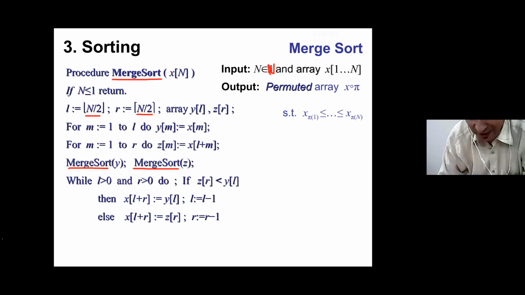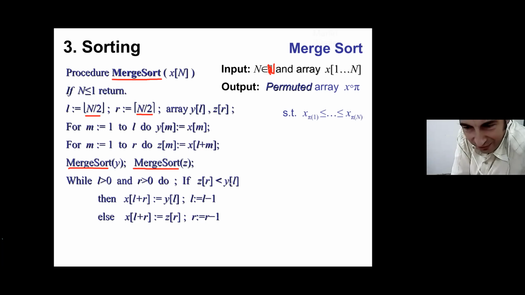So basically, this code is written taking L and R from the initial values, and then you always decrease them. What this does is it compares the rightmost elements of z and y and chooses the one which is bigger.